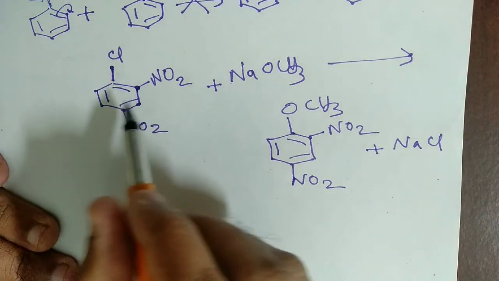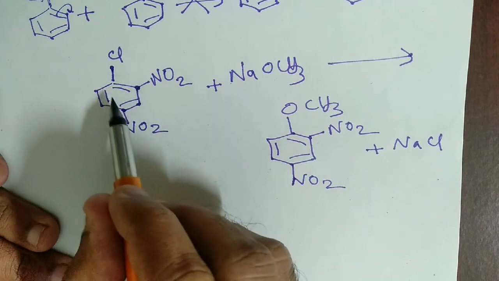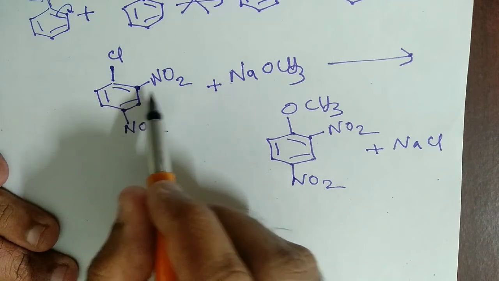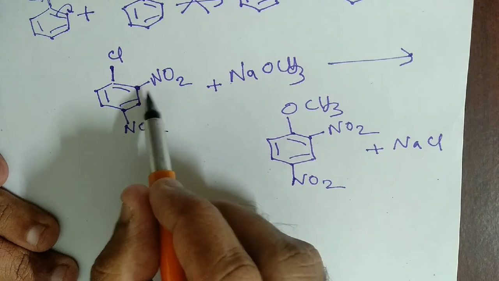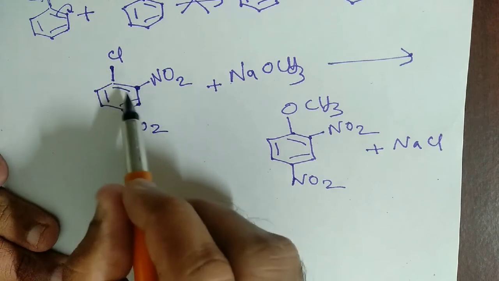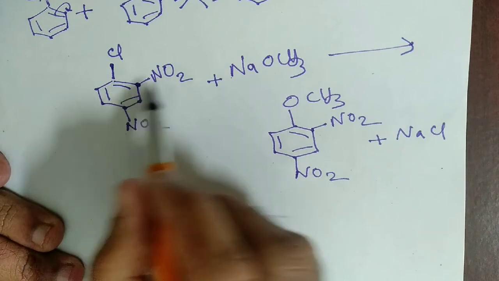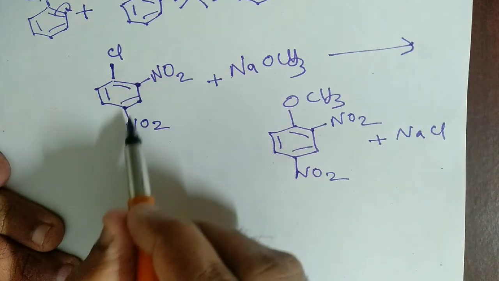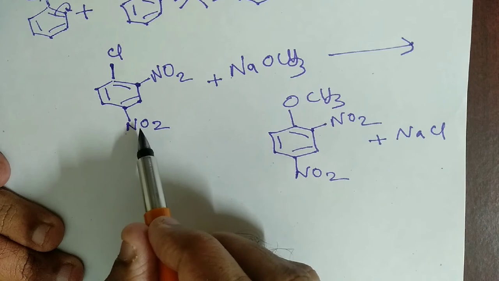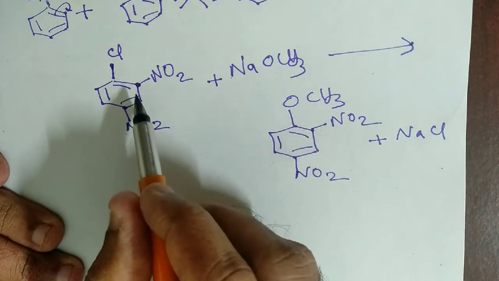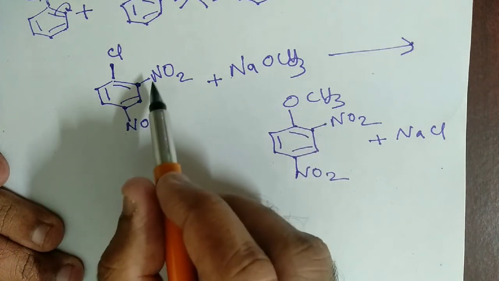SNAr reactions, that is aromatic nucleophilic substitution reactions, can take place if the aryl halide has electron withdrawing groups like NO2 at ortho and para positions. The mechanism of the reaction involves a carbanion intermediate.